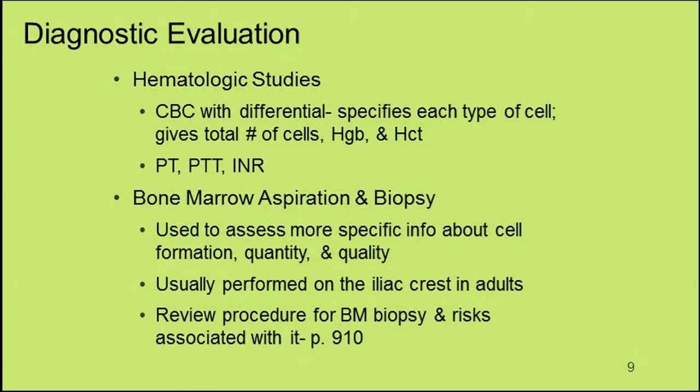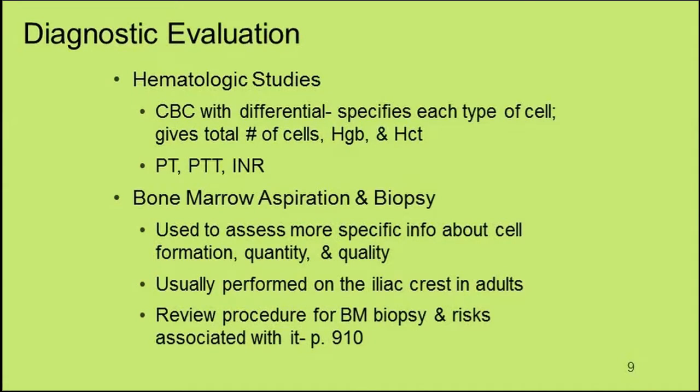Some considerations for older adults or elderly, age-related considerations to think of. There's decreased bone marrow production in an older adult. Oftentimes that can be from just being on certain medications.